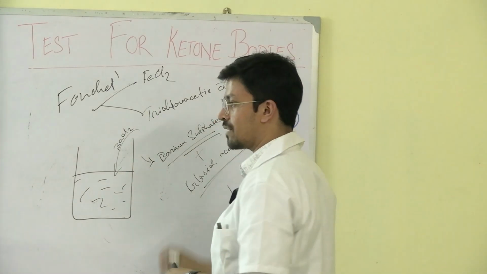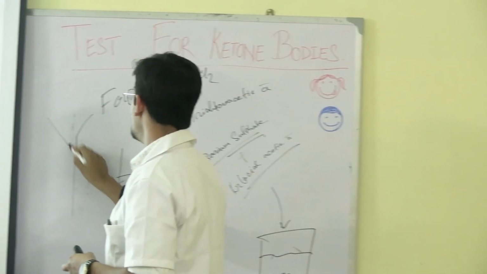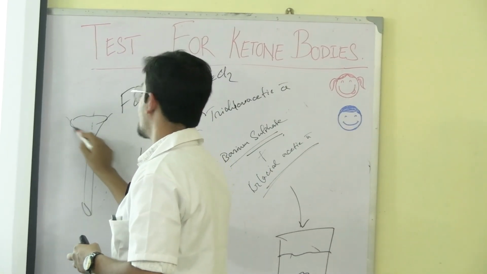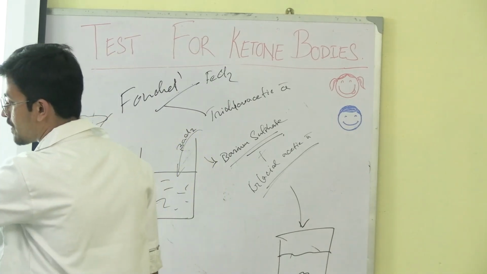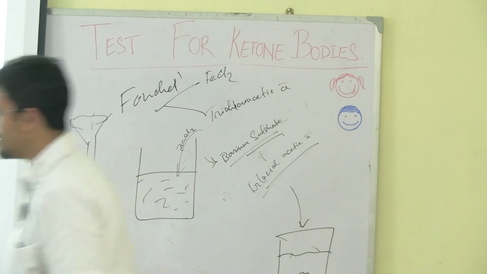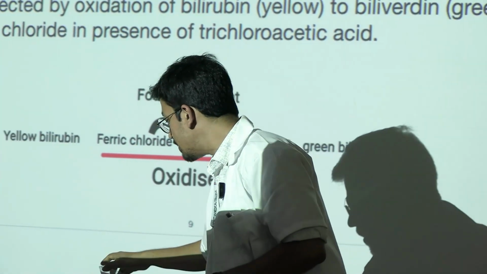Once we get that cloudy solution, we will take a conical flask. Now over here we will add a filter paper into it. You can see this conical flask is there, and there is one filter paper in it.